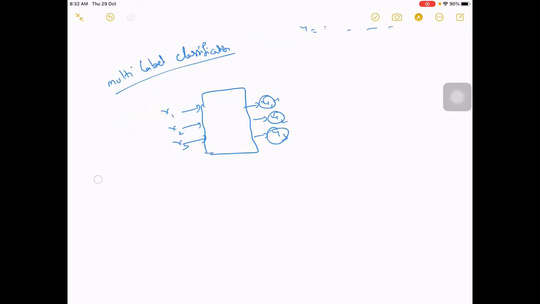You have a picture, and in that picture you want to classify if the photo contains a car or not, a bike or not, or a dog or not. In that case maybe all can be there in that picture. There can be a picture where you have a car and also a bike.